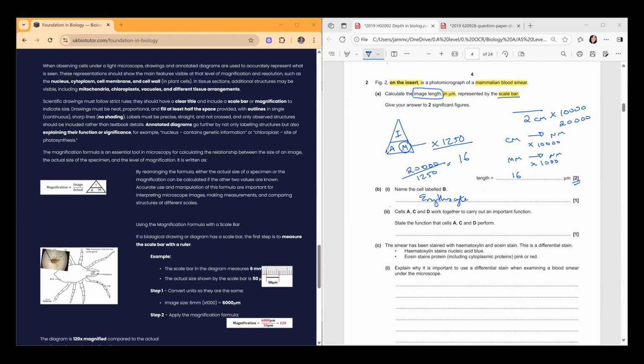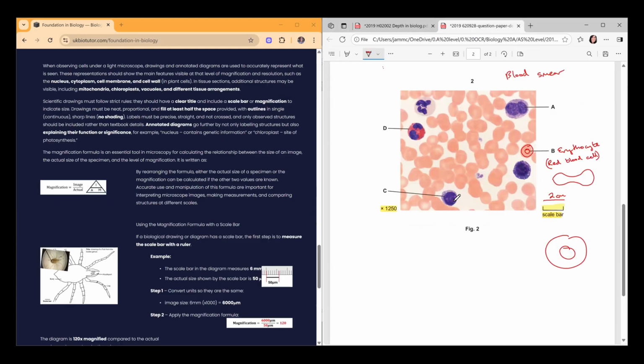Okay, so now they want us to look at the next bit. Cells A, C, and D, oh look, work together to carry out an important function. Now, I can see that they're cells, and also this one they haven't labeled up here. Let's call this one E. I can tell that these are my white blood cells, and they're therefore involved in fighting infection.